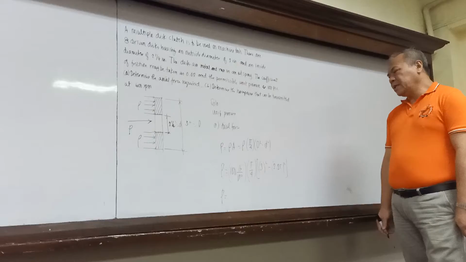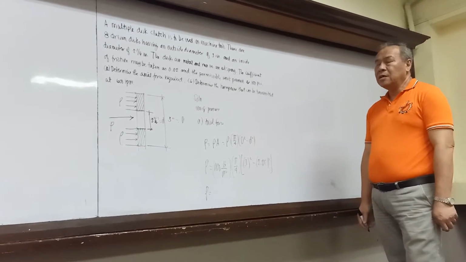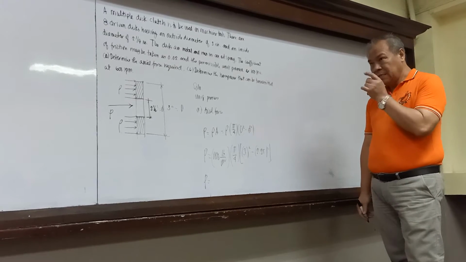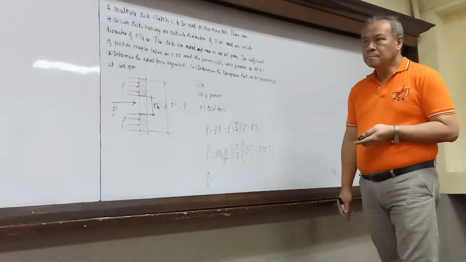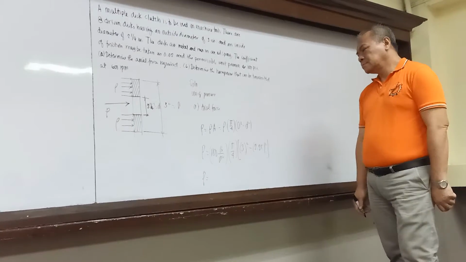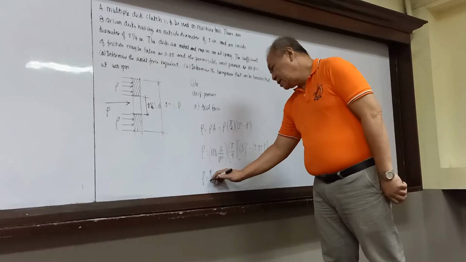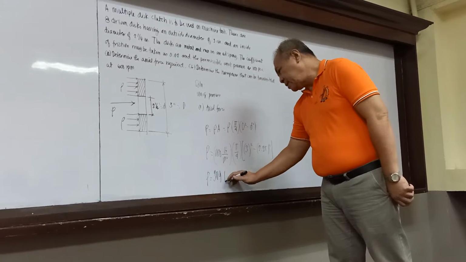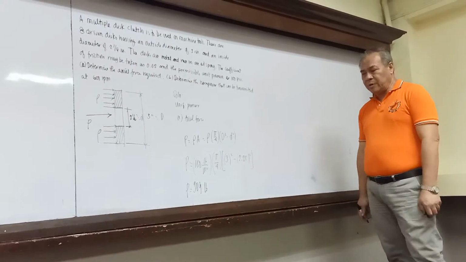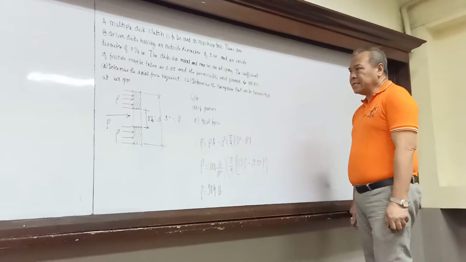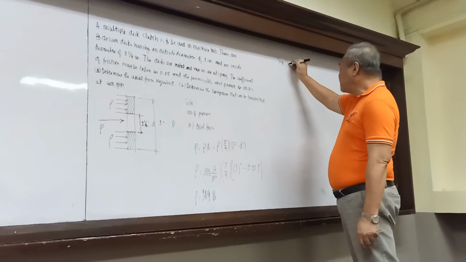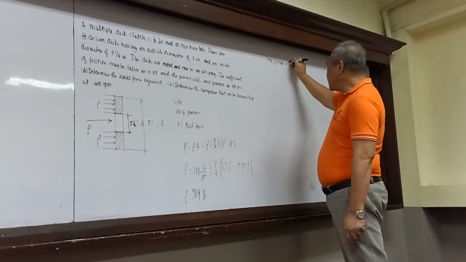So assume natin yung 100 PSI na yan is basically the average pressure that we have. So the axial force exerted for this clutch will be 309 pounds. Now, since this will be a disc clutch, we can determine the torque per friction surface.